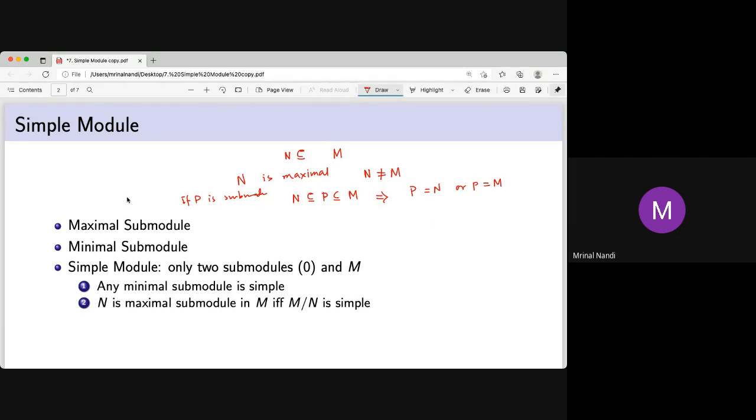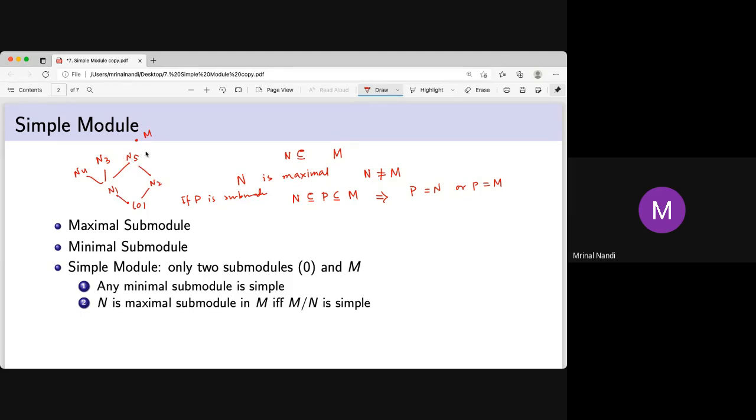What is the difference between maximal and maximum? It is like a tree structure. Say 0 is here, the lowest submodule, and M is somewhere here, the highest. Now there is say one module N1, which is a superset of 0. 0 is a submodule of N1, and maybe here another N2, but N1 and N2 are two distinct modules, maybe N1 does not contain N2 and N2 does not contain N1. So maybe say here N3, another submodule N4, another submodule N5, and N5 maybe N1 plus N2.